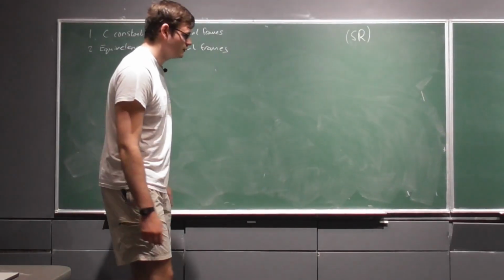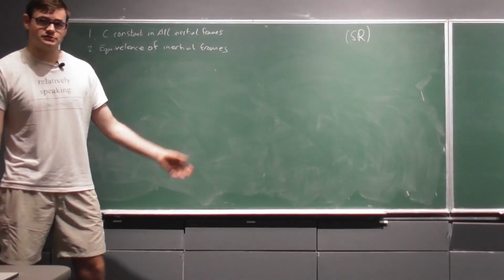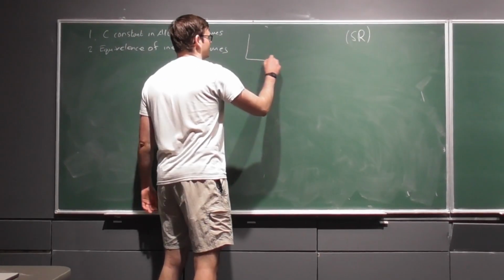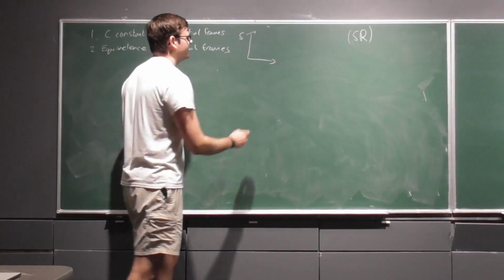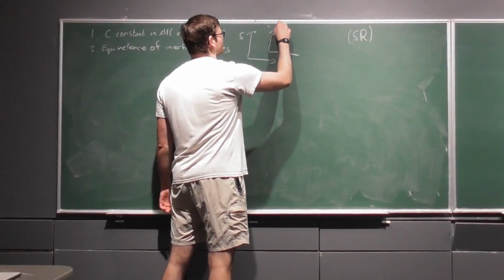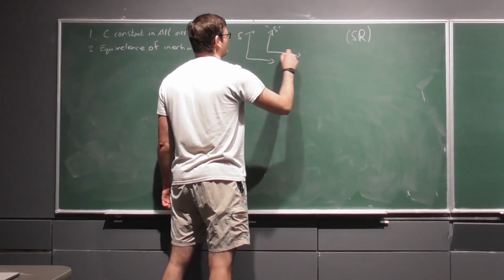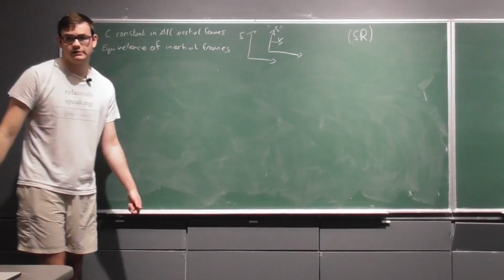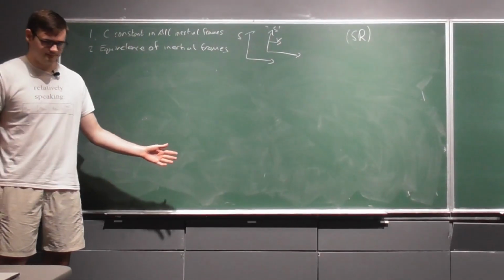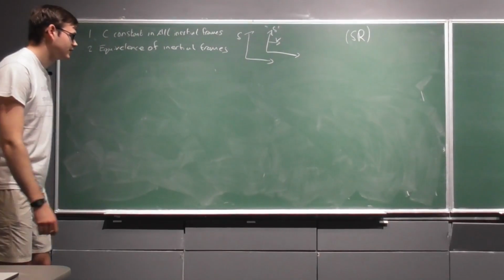So you should be familiar with what I will call boosts. If I'm in some coordinate frame S, then I can change to some coordinate frame S prime, which is moving with some velocity with respect to my original coordinate system.